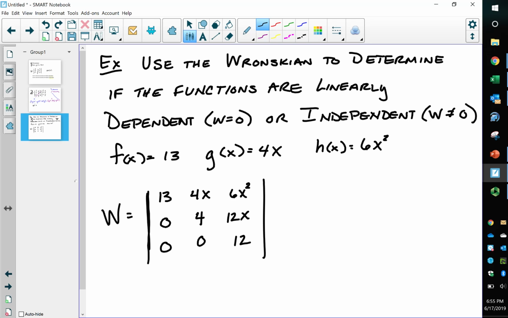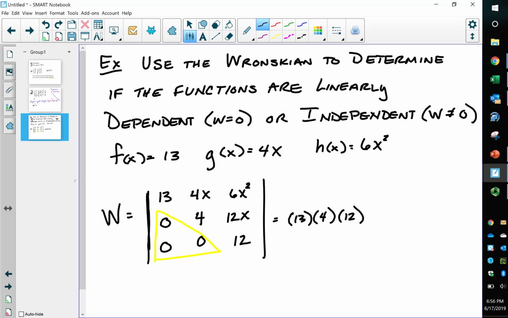Now, some of you might notice that you have a corner triangle of zeros. So the value of your determinant is the principal diagonal. That'll work whether it's a top corner of zeros or bottom, or you can rewrite them, whatever technique you want to do. So in our case, this is going to end up being 13 times 4 times 12.